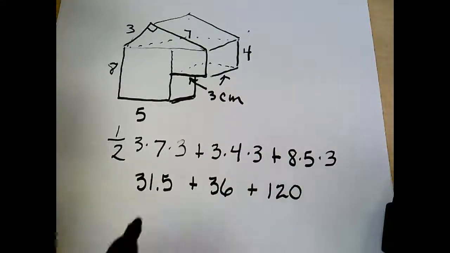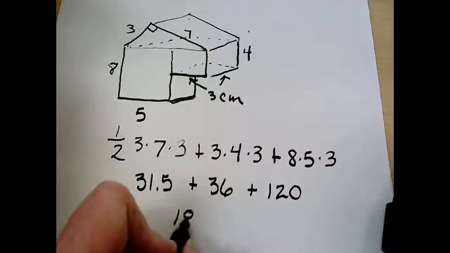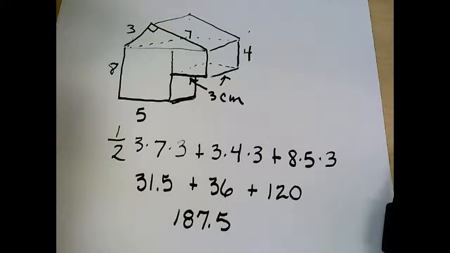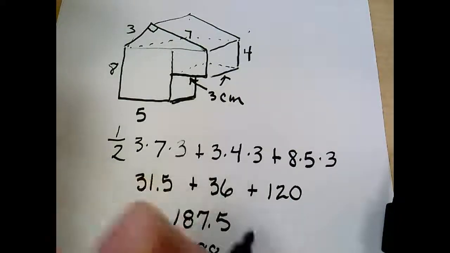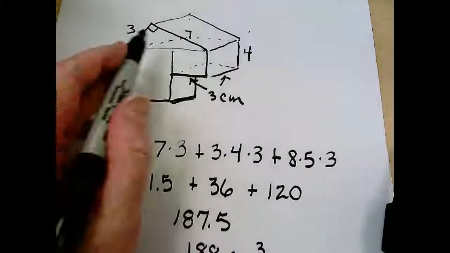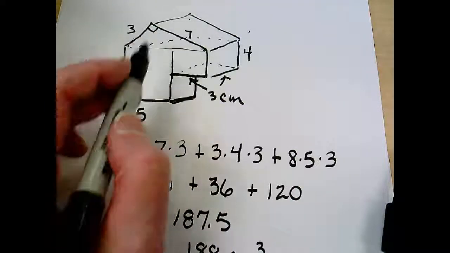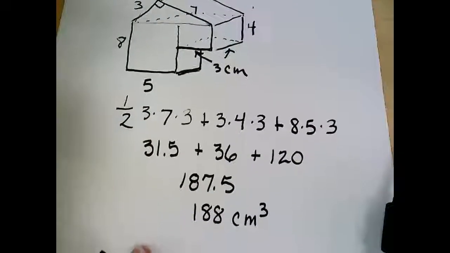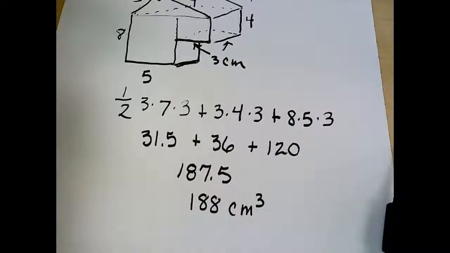Add those 3 together. We have 187.5. And again, they want us to round to the nearest whole unit, so it'd be 188. And our unit was centimeters cubed. So make sure you're finding the volume of each prism and add them together. And that finishes this lesson.